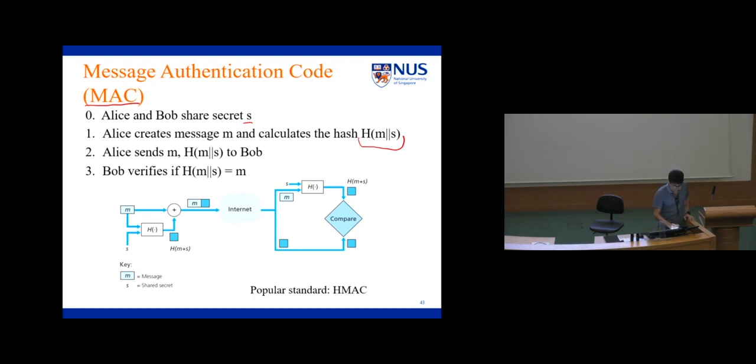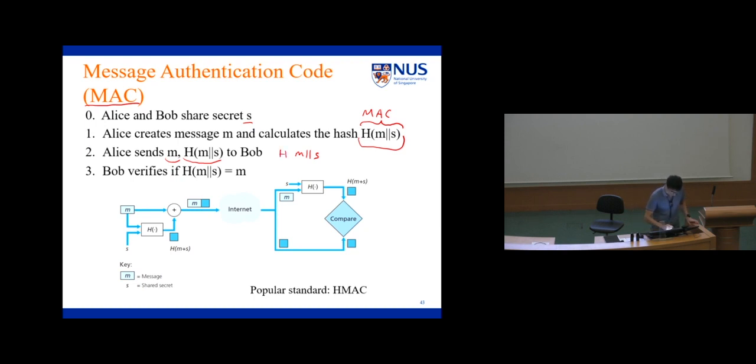And then Alice sends both the m and the message authentication code, or MAC in short, to Bob. And this is how Bob verifies. Bob just puts the message and the secret next to each other like this. So he concatenates. He does the same operation because he also knows the shared secret key, correct?